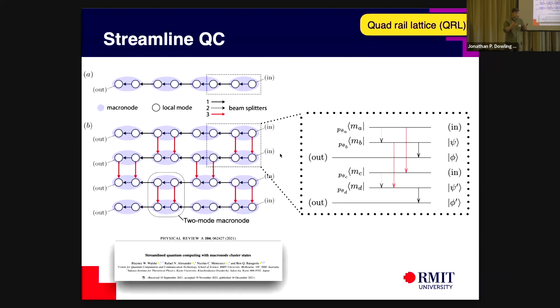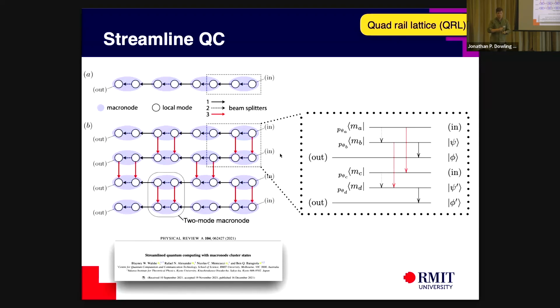You can think of it, there's two ways of thinking about this. The standard way is you've created a two-mode state and you collect it up into two-mode macro nodes. And this is going to get annoying because I didn't think too much about the terminology beforehand. But these two-mode macro nodes have 4 local modes in them. But it's a macro node on a two-mode cluster state. That's the point. So one way of thinking about it is that you've got this large two-mode cluster state that's got all these complicated lines showing entanglement going everywhere.